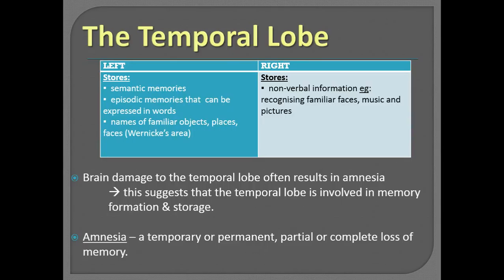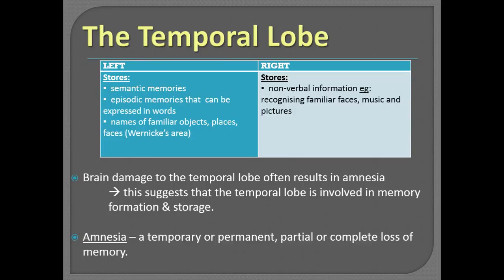We get this information from research or case studies around people who have damage to areas of the brain. If people damage specific areas of the brain, we can suggest what those areas might be involved in.